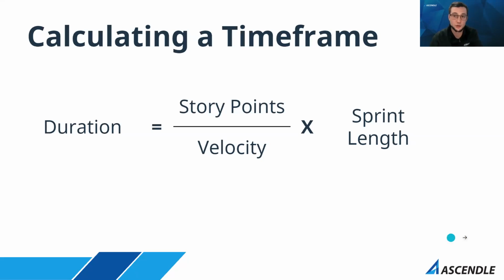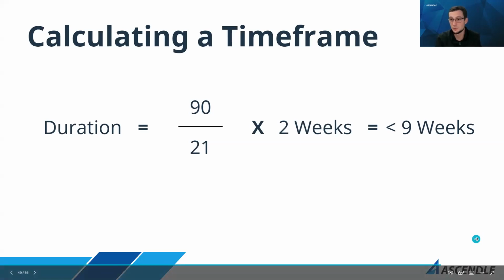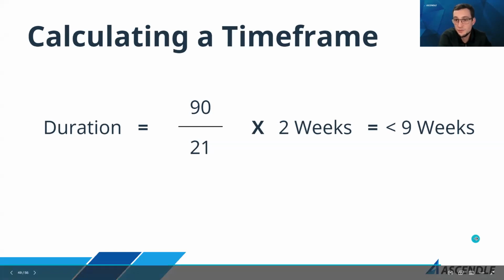So we know our total backlog is going to be X story points, and we just figured out our team velocity is expected to be 21 points. If we had a backlog of 90 and could do 21 story points in each sprint, times 2 weeks per sprint, it would get us around 9 weeks, or 5 sprints.